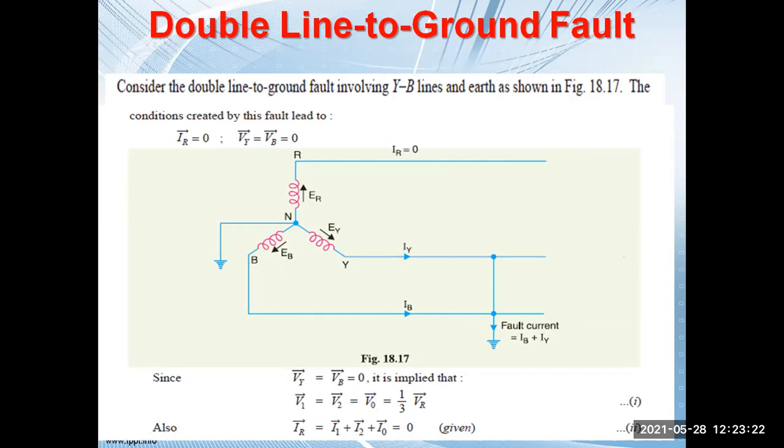Now, if the sequence voltages are all equal, with some value 1/3 VR, what is your point? How are the networks connected?